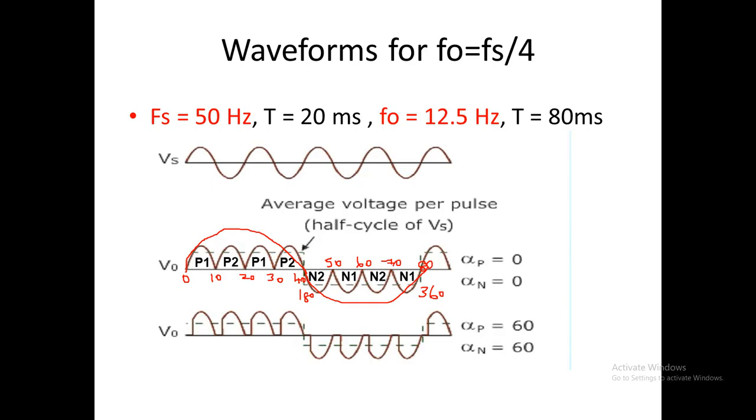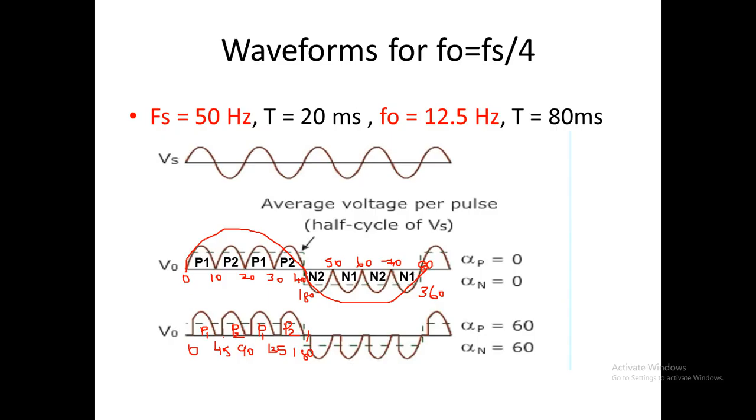180 degree means, so here also we can mark it as 180 degree means 0 degree. So 180 divided by 4, 4 half cycles. So it will be 45 degree, and 90 plus 45, 135, 135 to 180. So 0 to 45, P1 conducting, 45 to 90, P2 conducting, and 90 to 135 again P1 conducting, and 135 to 180 again P2 conducting.